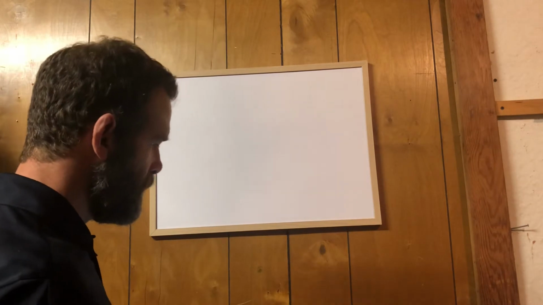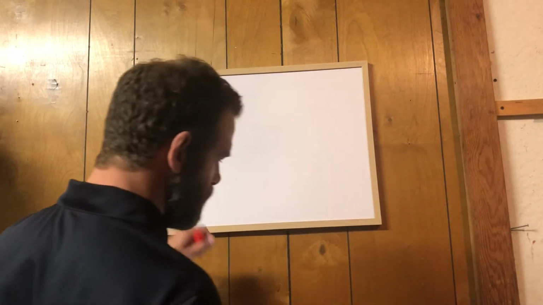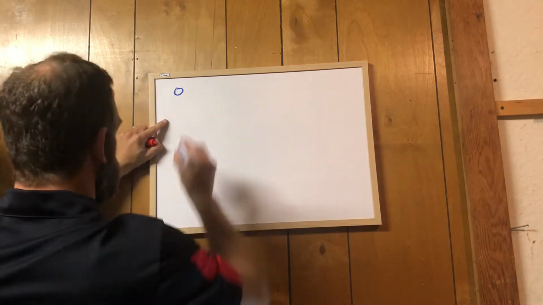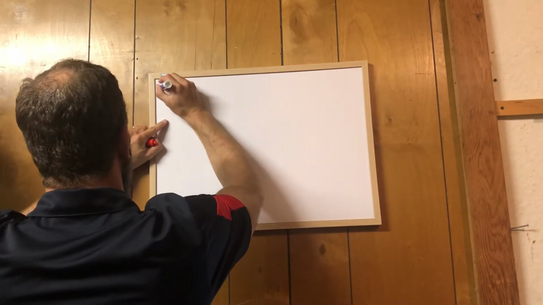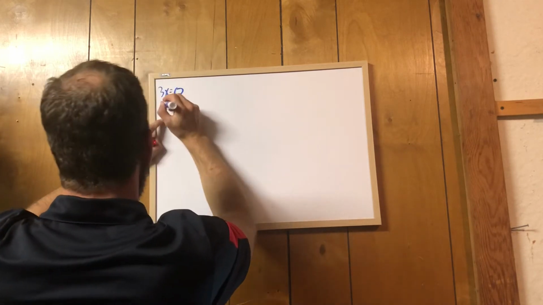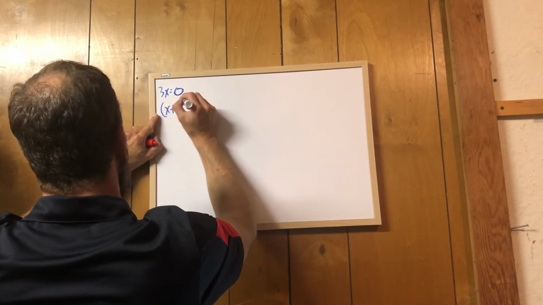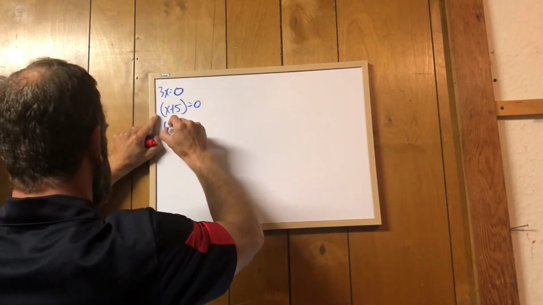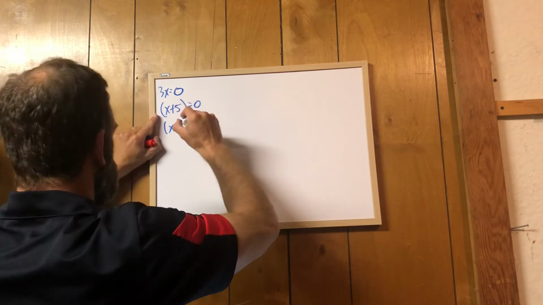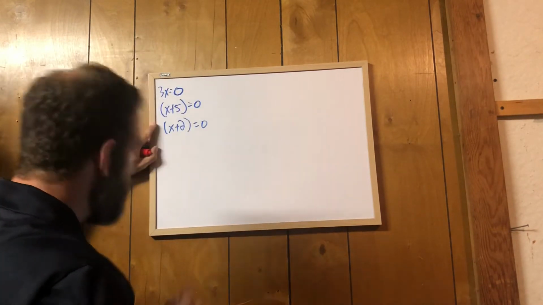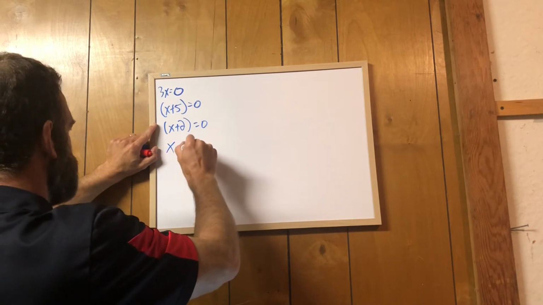All right, so number one, what are the zeros of the equation? If I set every factor equal to 0, I have 3x equal to 0, an eighth root at x plus 5 equals 0, a fourth root at x plus 2 equals 0, and a single root at x minus 1 equals 0.